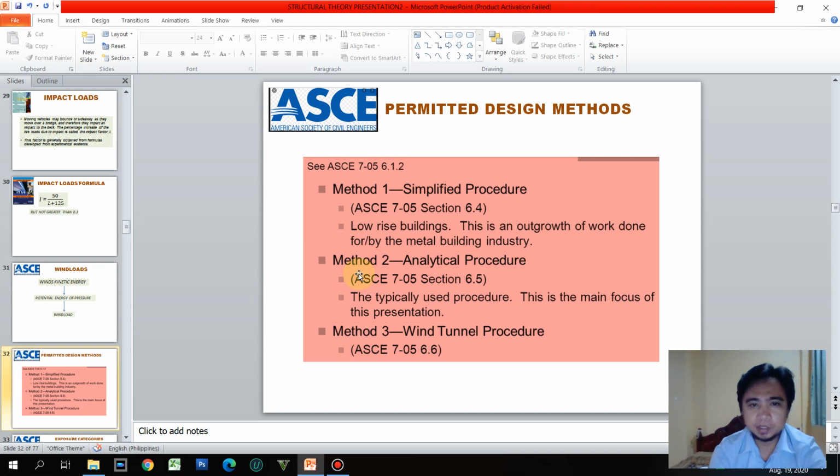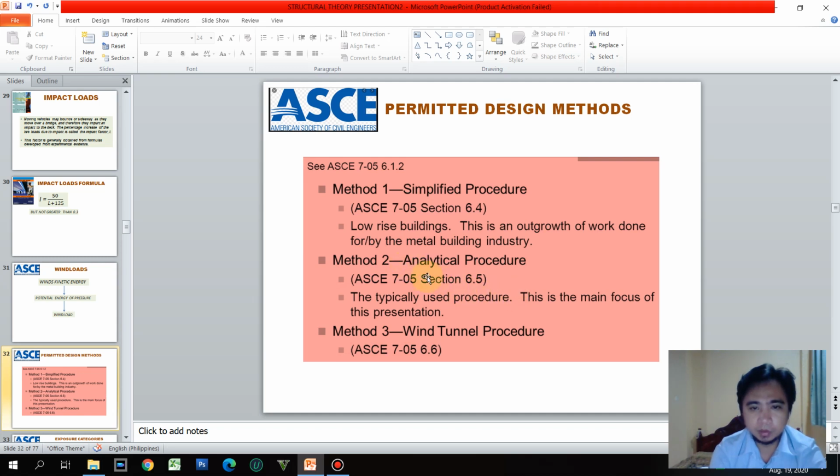So the permitted design methods. There are 3 methods. Method 1, simplified procedure. This is according to ASCE 7-05 section 6.4. For low-rise buildings, this is an outgrowth of work done by the metal building industry.